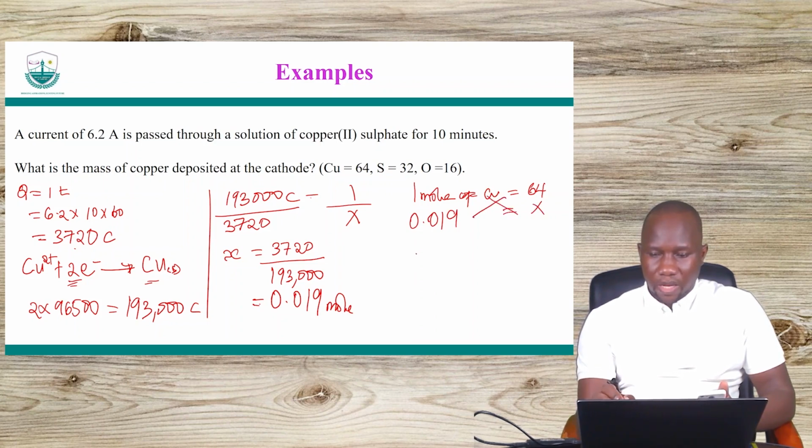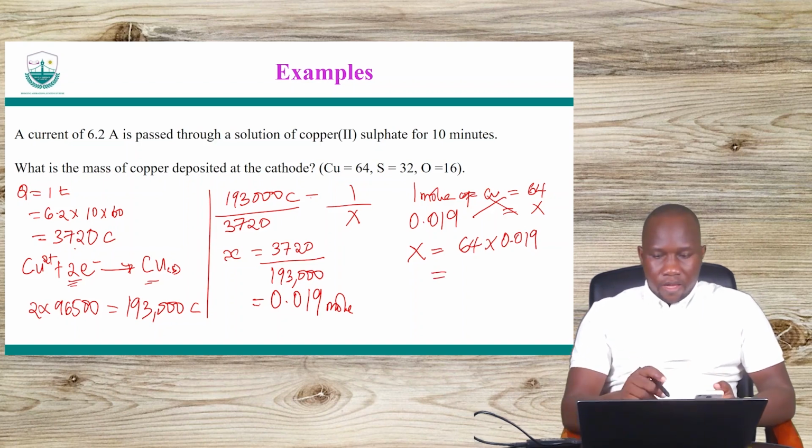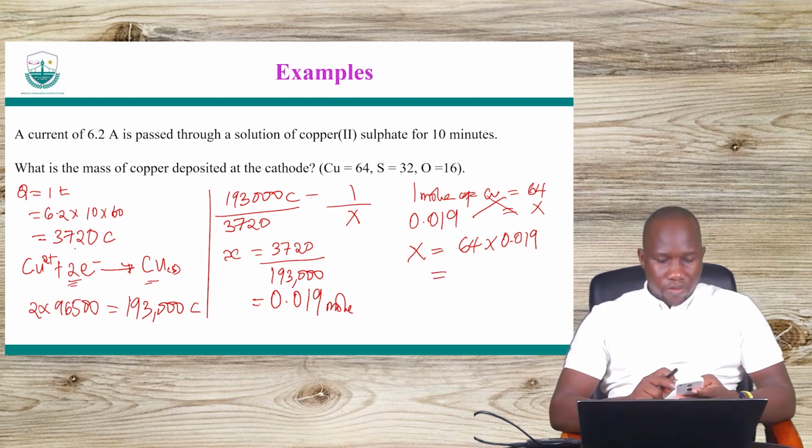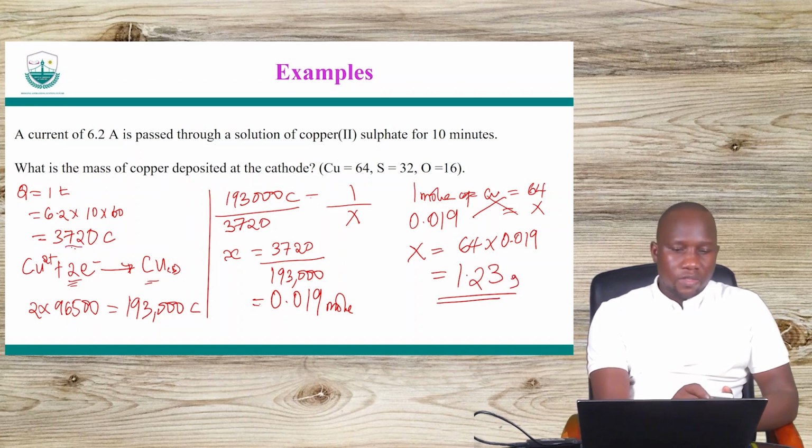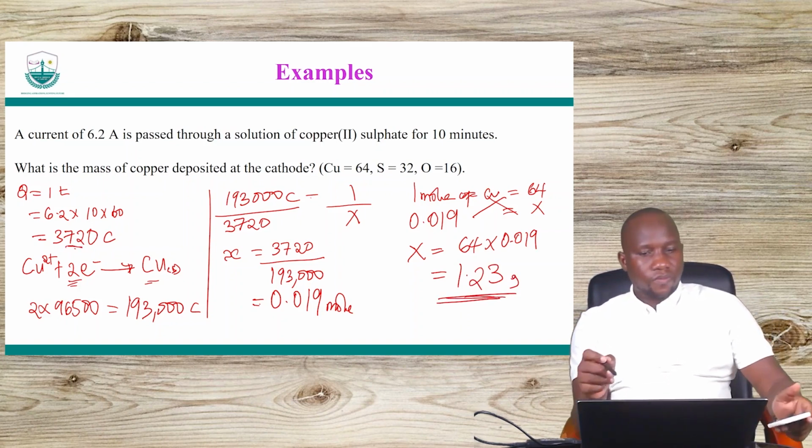You cross multiply, and you get x equal to 64 times 0.009. So this one times 64, I get 1.23. These are grams.